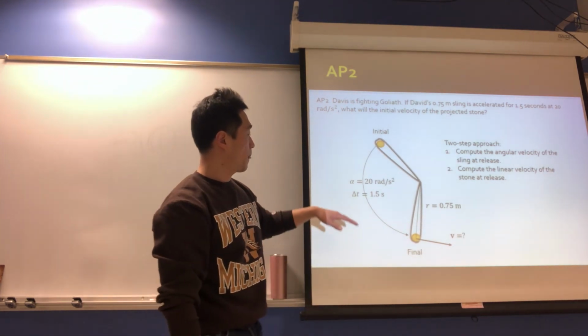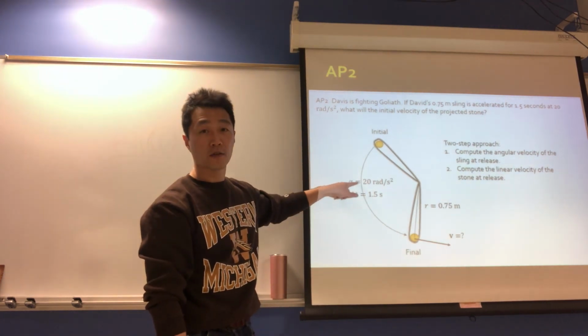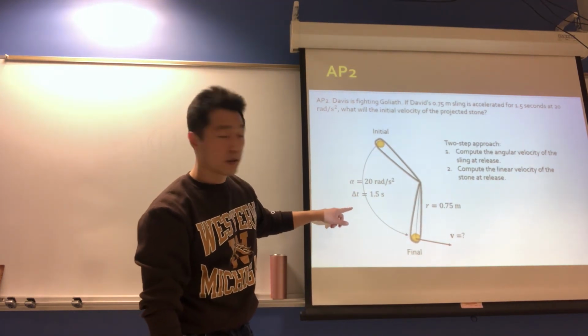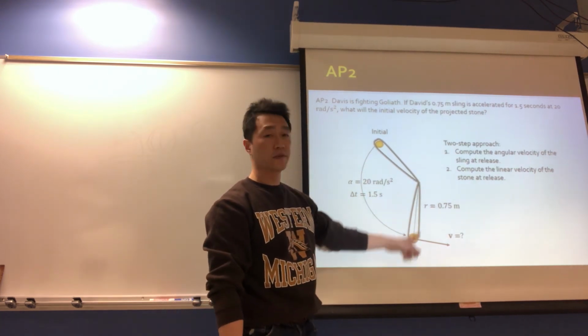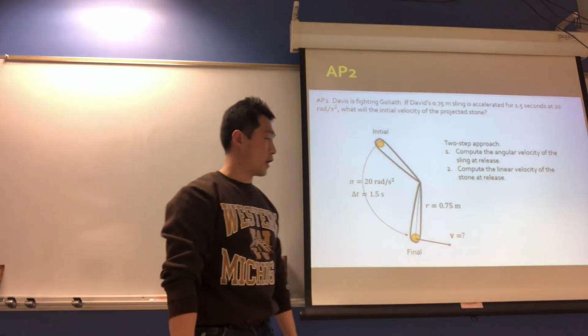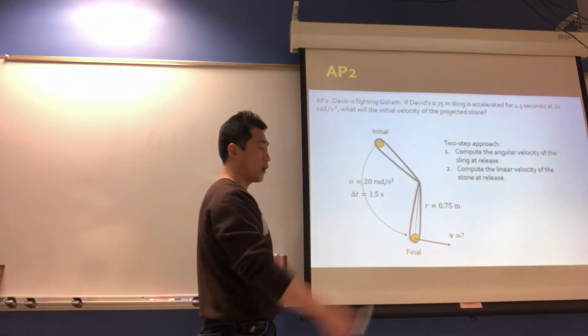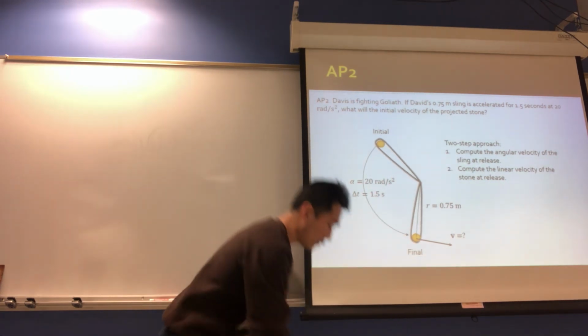We have angular acceleration, time information, and the radius, the length of this sling, also given. So by using this information, we need to calculate the tangential velocity at the stone release right here.